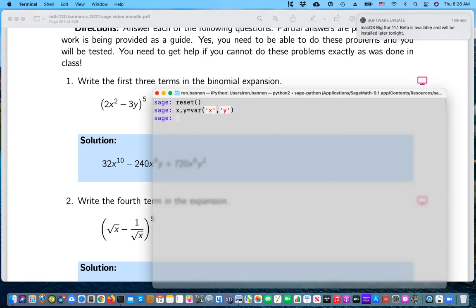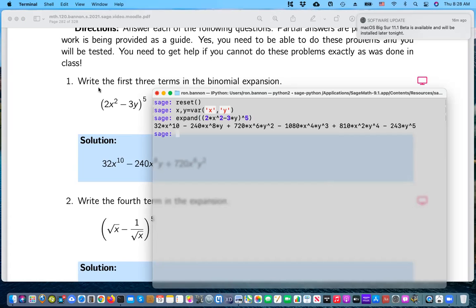So I got two variables defined, and what I'm going to do now is I'm going to expand this. So expand, and what I'm going to expand is 2 star x squared, plus y, raised to the 5th power. Remember, if you make an error typing, it's not going to blow up, and the machine's not going to freeze. Let's take a look at this, and hit the return button.